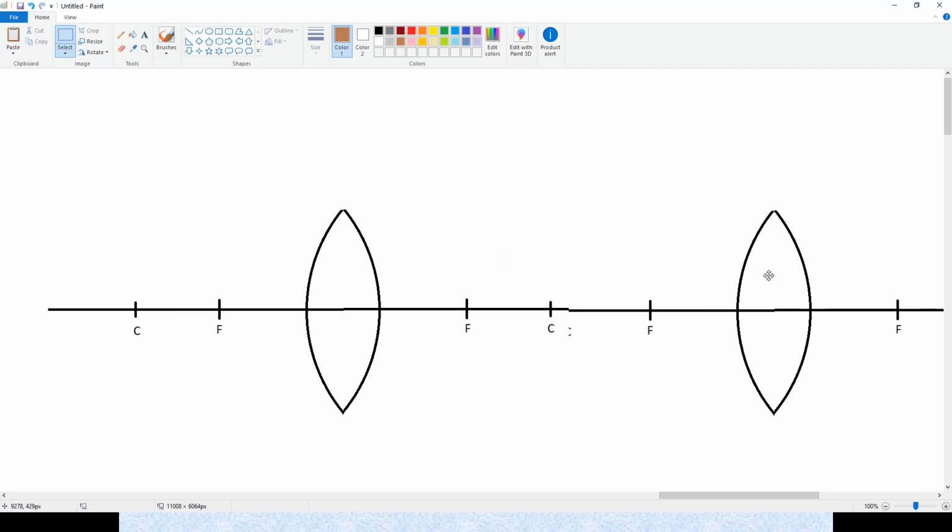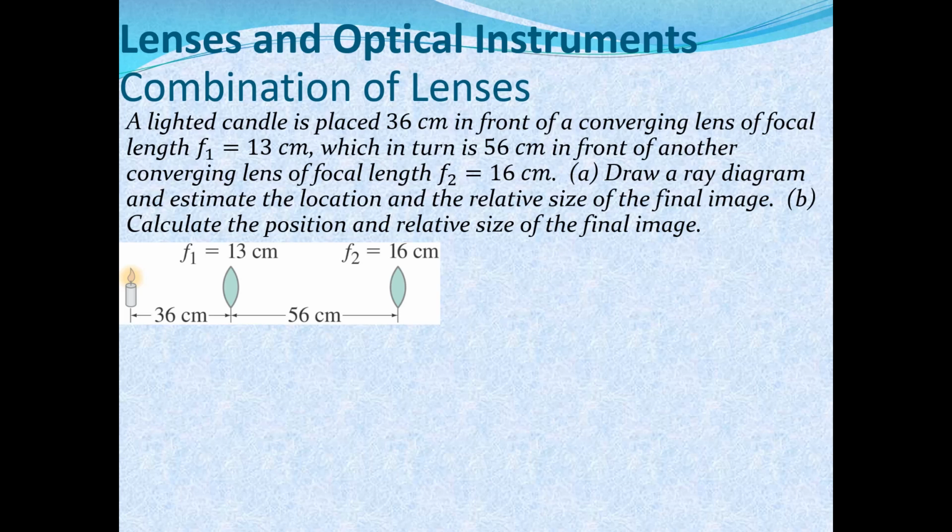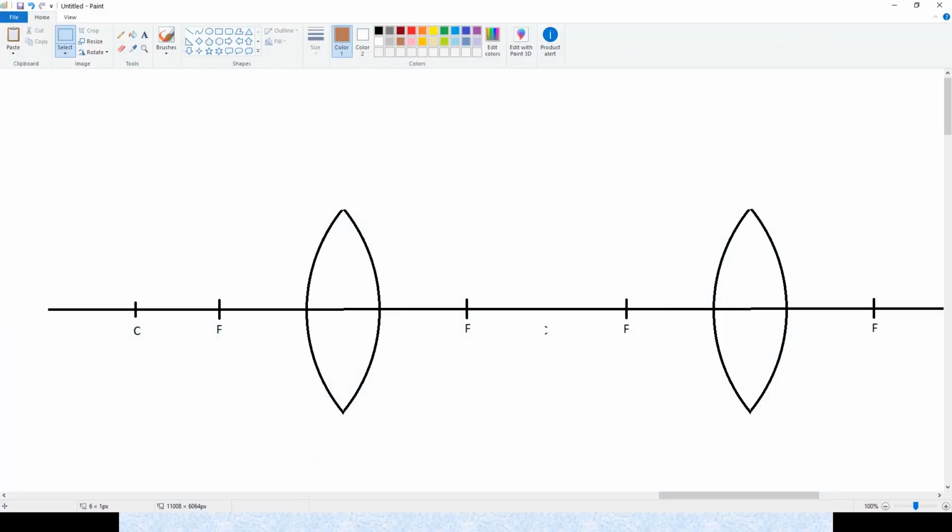I'll put it like that. 13 and 16. All right, so that should be close enough at least.